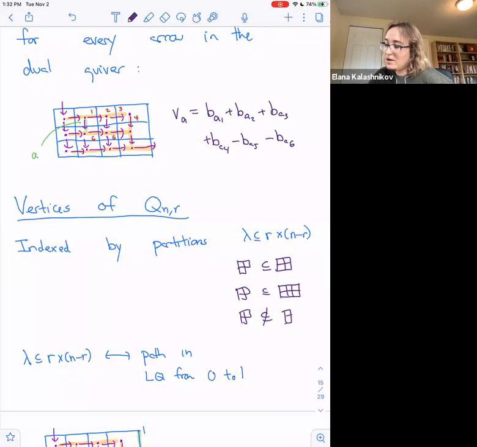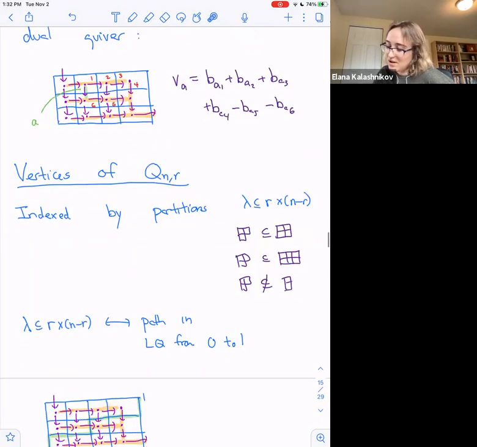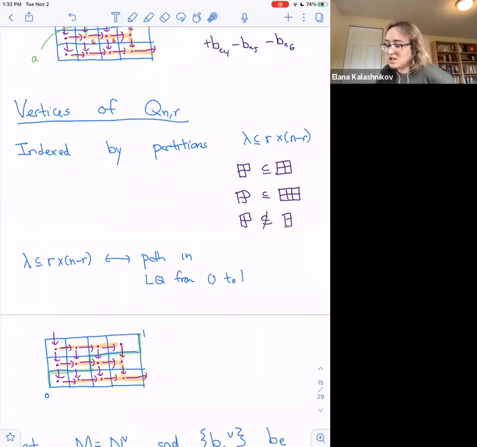It's easy to see that paths in the ladder quiver between the external vertices exactly correspond to these partitions, just by looking at what shape they cut out. For example, if you take this particular path from 0 to 1 that I've highlighted in green, you just look at the partition described above it.